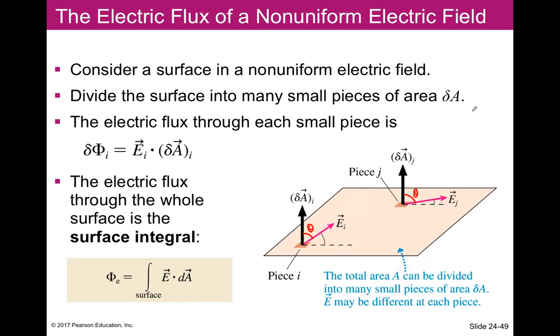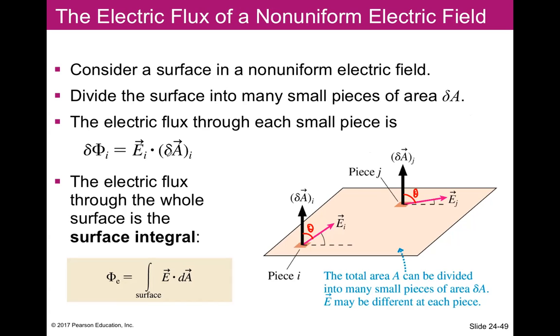So then we can calculate the electric flux for a very small piece, and then another small piece, then another small piece. And when you go through the entire surface piece by piece, you sum all of the electric flux together, you get the whole electric flux for the whole surface.